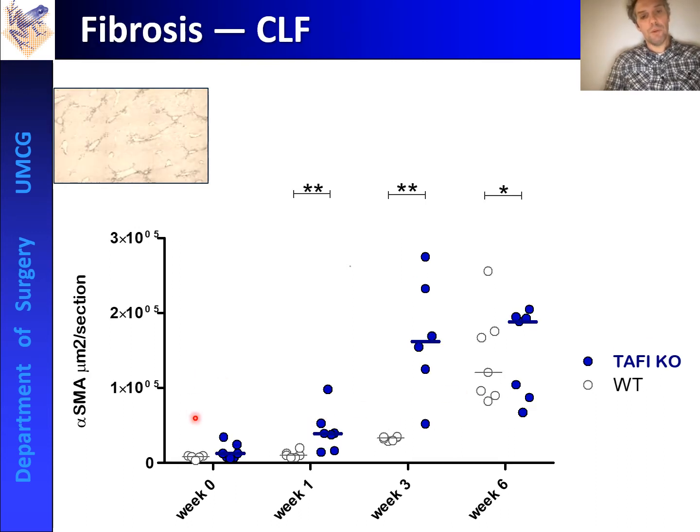Then looking at fibrosis, again, we start at the same baseline level between both groups of mice, and clearly the TAFI knockout mice group takes off here, with much more fibrosis between the first and the third week, and this continues up until the 6th week.